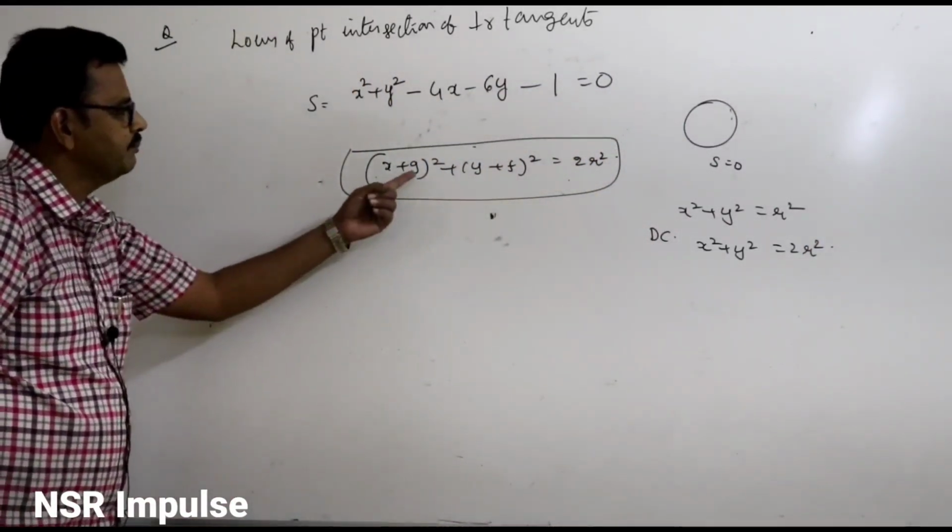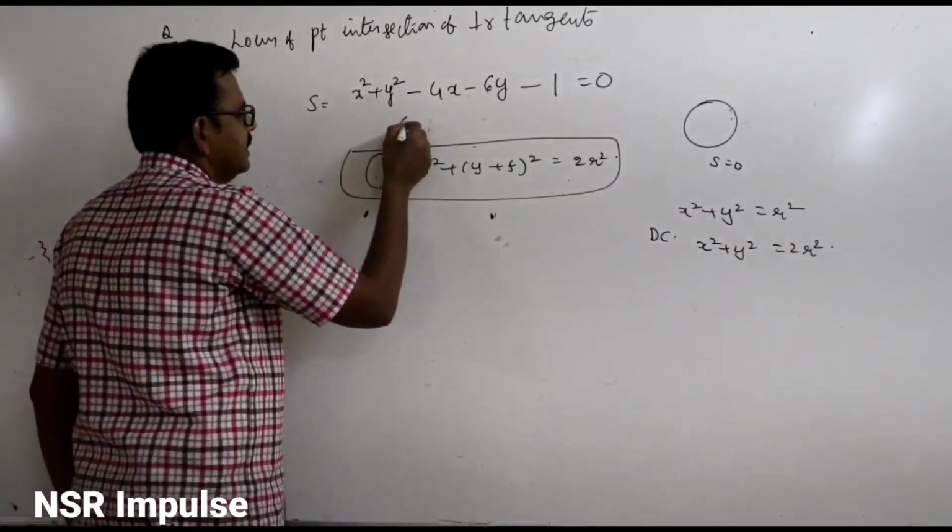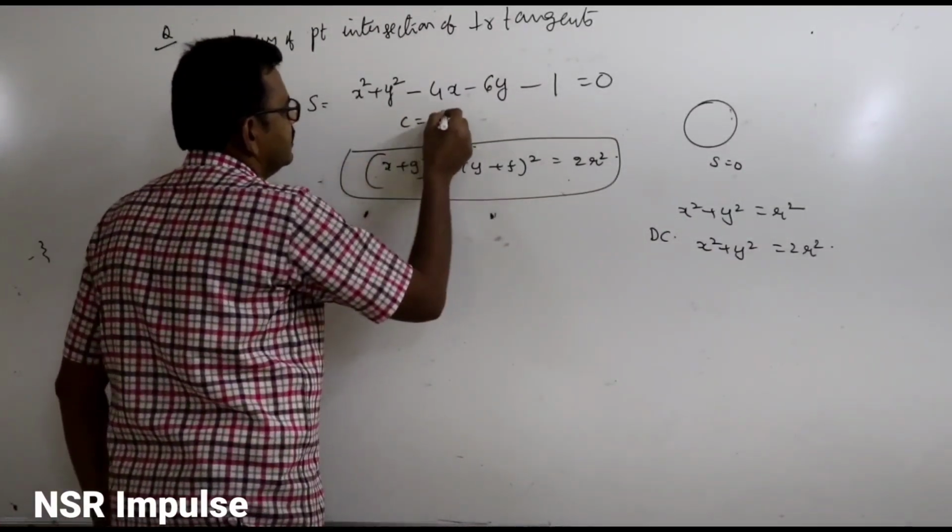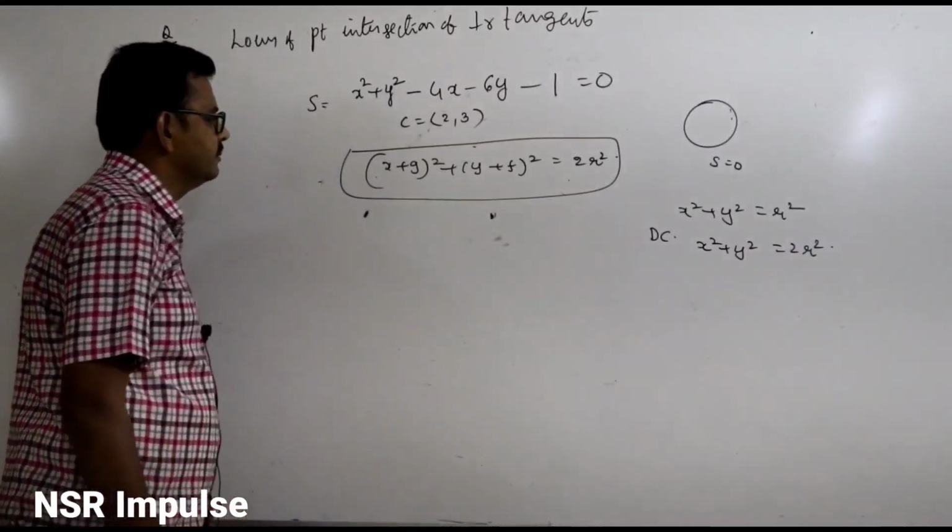So if the center of the circle is minus g comma minus f, the center of the circle here is 2 comma 3.